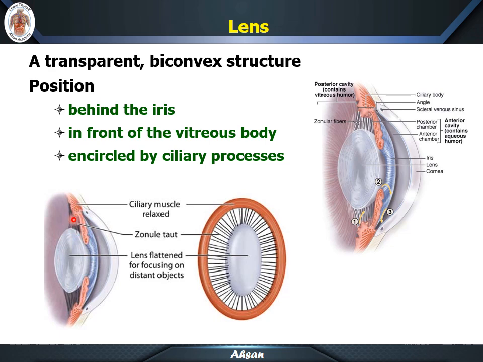The outer margin of the lens is attached to the ciliary processes by ligaments, known as suspensory ligaments of the lens. So this way it is kept in position. The lens is kept in position by support from the iris anteriorly, behind by the vitreous body, and it is suspended by the ligaments.